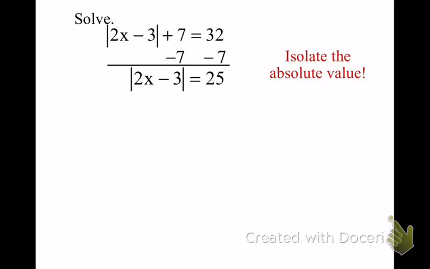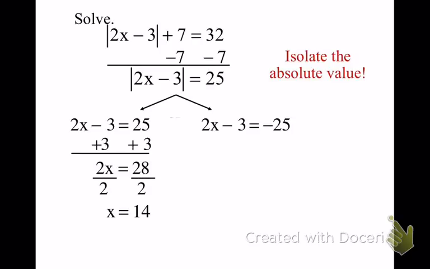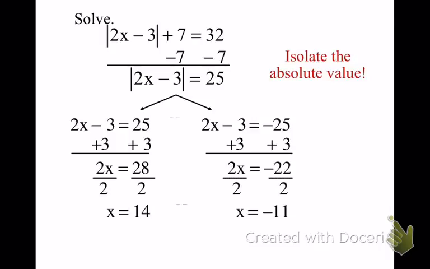And then I'm branching that into the two equations: 2x minus 3 equals positive 25, and 2x minus 3 equals negative 25. And then we solve. Do we see the work that's involved? Even this amount of work should take you literally like 10 minutes. And so then I get x is equal to these two.